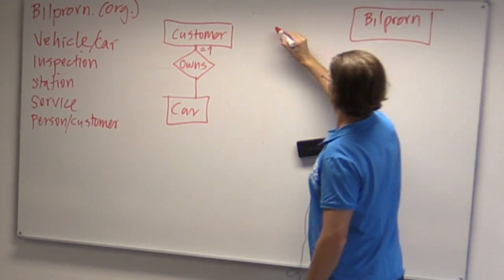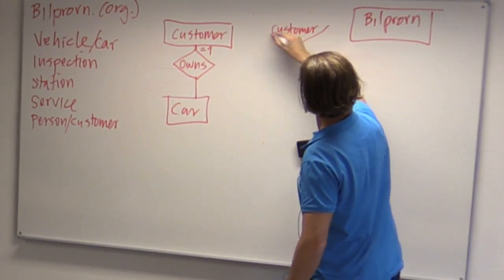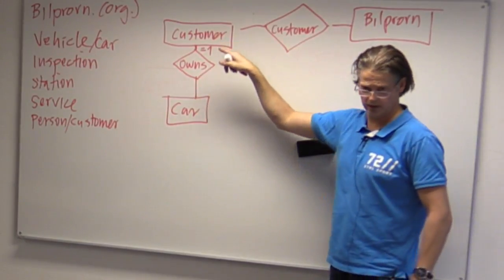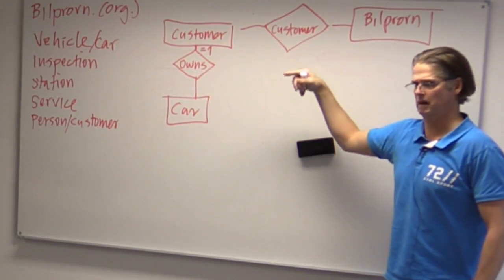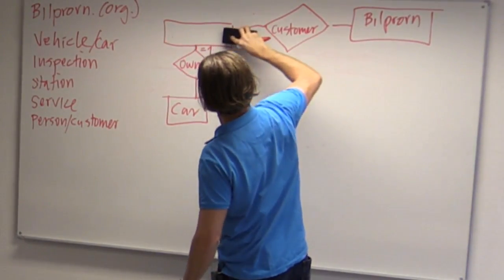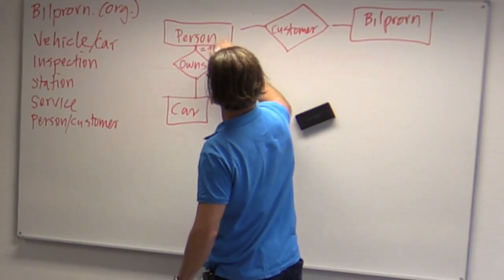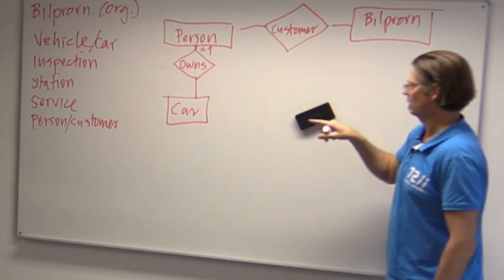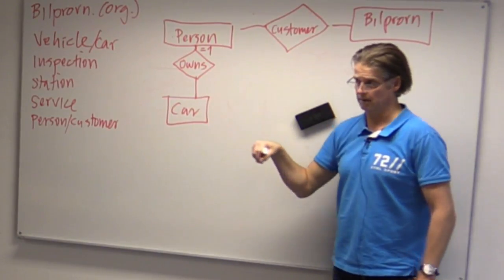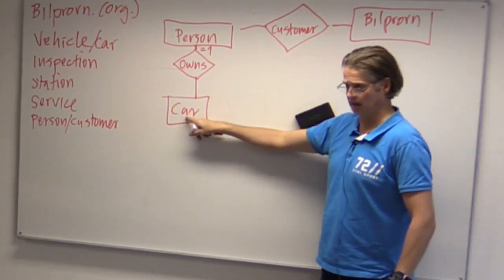So if I would like this, I would like it that way. So somehow that customer thing there is wrong. It's probably a person. And I was writing down car here. Well, you could be having a motorcycle. So that seems to be wrong as well.